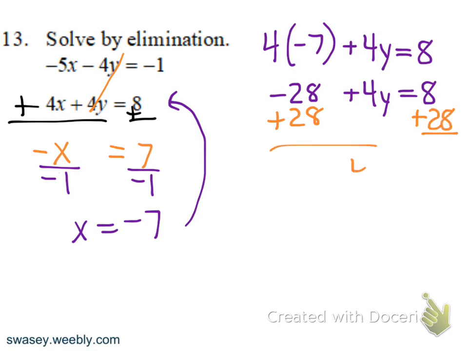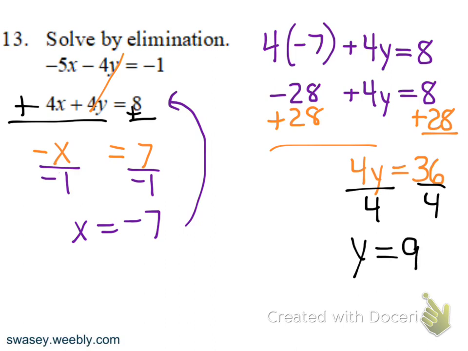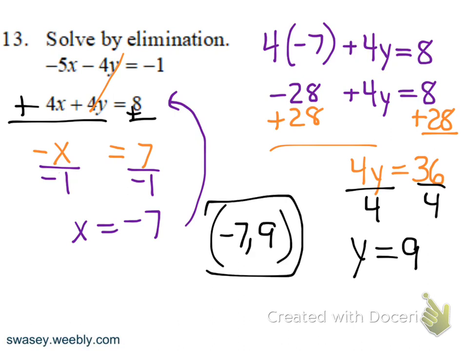And so you get 4y equal to 36. Divide by 4. And so y is 9. Put it together as an ordered pair.